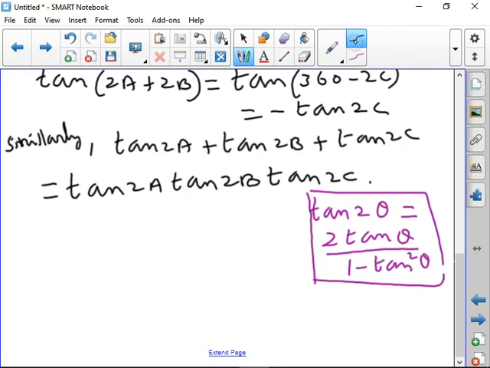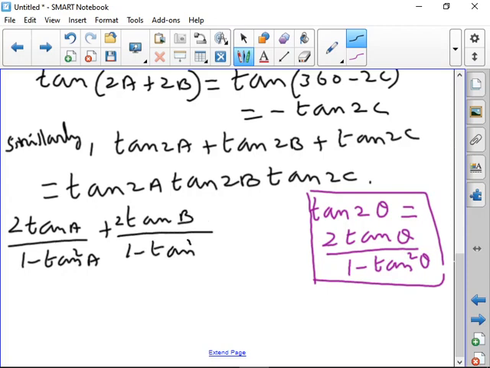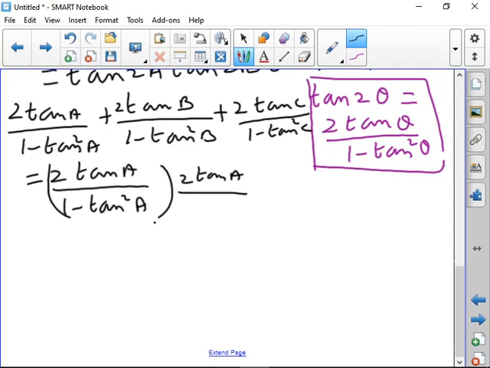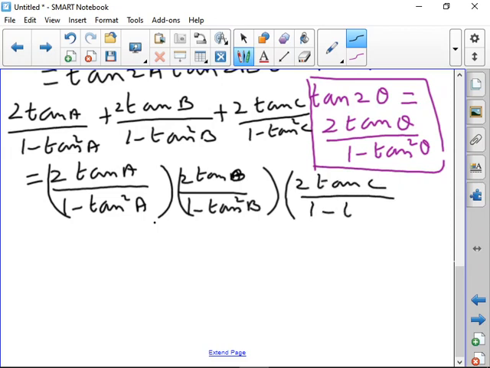So this identity can be written now as, tan 2a is 2 tan a by 1 minus tan square a, plus tan 2b, 2 tan b by 1 minus tan square b, plus 2 tan c by 1 minus tan square c is equal to 2 tan a by 1 minus tan square a into 2 tan b by 1 minus tan square b into 2 tan c by 1 minus tan square c.